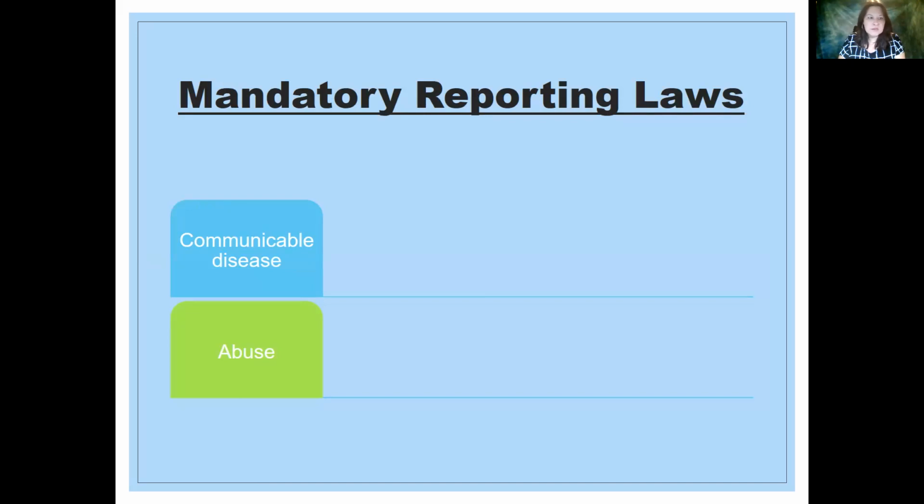Also, abuse falls into mandatory reporting. Any suspicion of physical, sexual, or even emotional abuse, neglect of children, or neglect of older adults would definitely need to be reported, and it is mandatory, which means you don't have a choice.